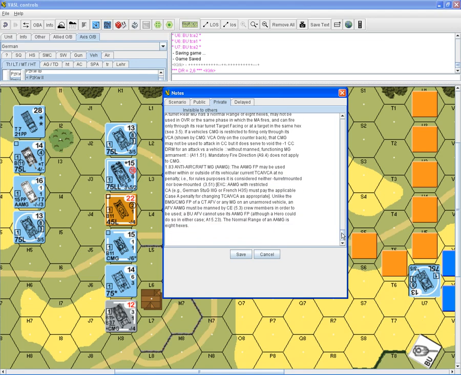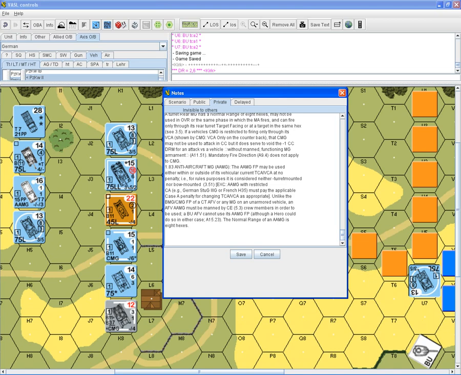And some special rules about your AAMG, which is your anti-aircraft machine gun. Your AAMG may be used within or outside of your vehicle's current TCA or VCA with no penalty.